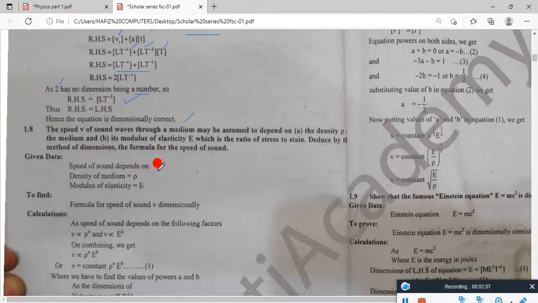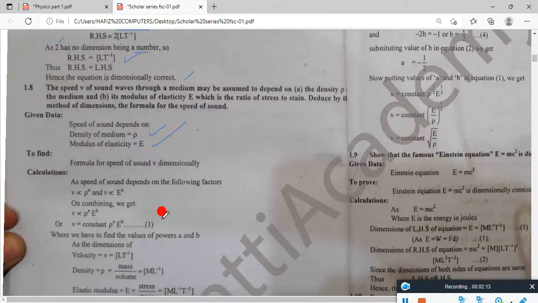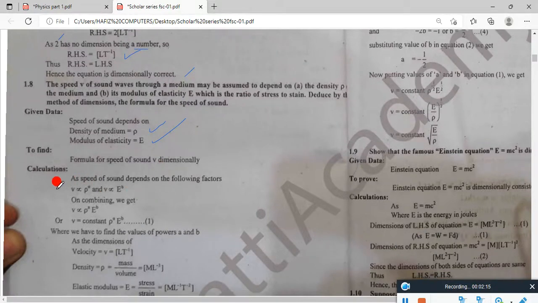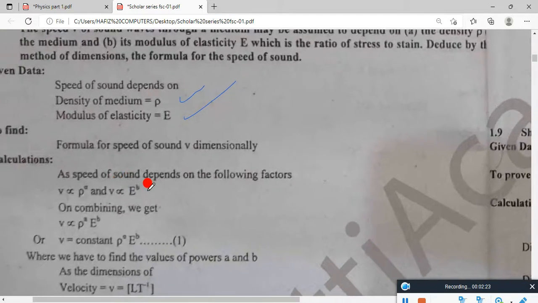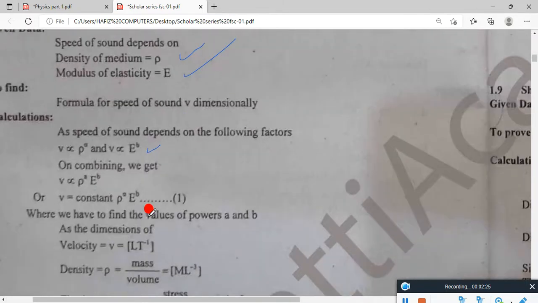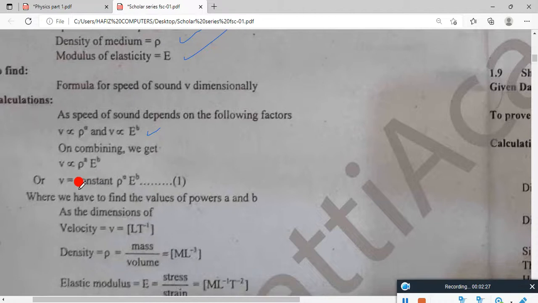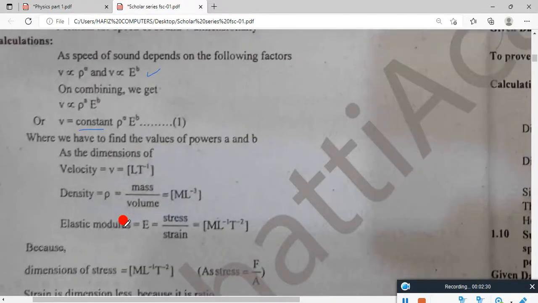We know that speed of sound depends upon the density of the medium and the modulus of elasticity. We create a relationship between velocity and rho, density, and similarly velocity and modulus of elasticity E. When we combine these both, we have to write it with a constant.